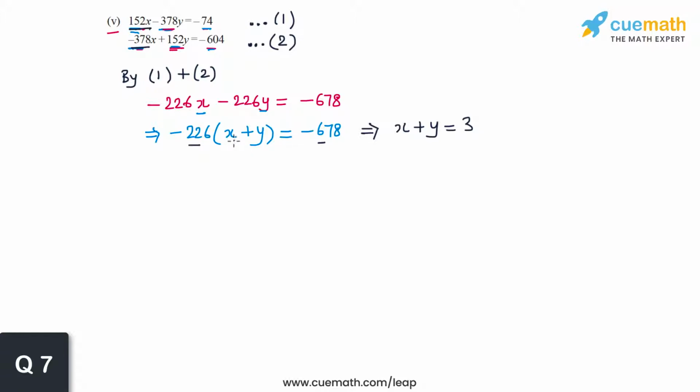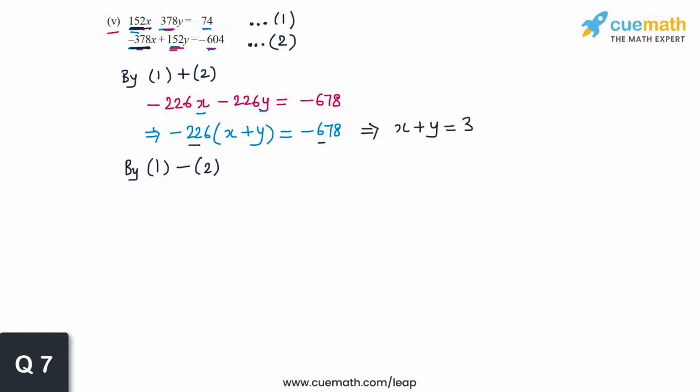We have only one equation in x and y. But now the second thing I'm going to do is I'm going to subtract the two equations. So I'm going to do 1 minus 2. So what will this give me? In x it will give me 152x minus minus 378x, or 152x plus 378x.